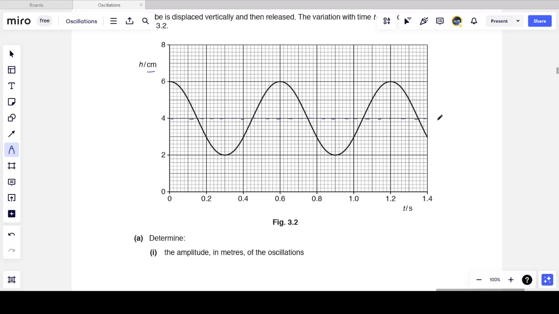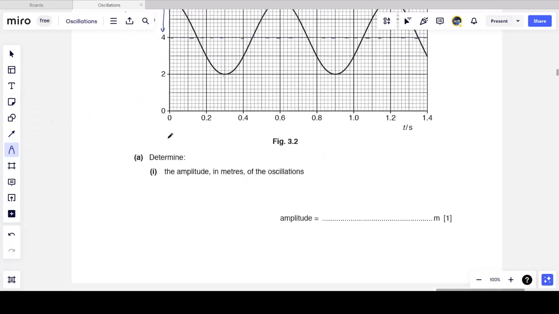So the amplitude is the maximum value minus the minimum value, divided by 2, or simply that distance. I should say h naught, but I can still say x naught; it's okay if I change the symbols a bit. The amplitude h naught would simply be 2 centimeters.